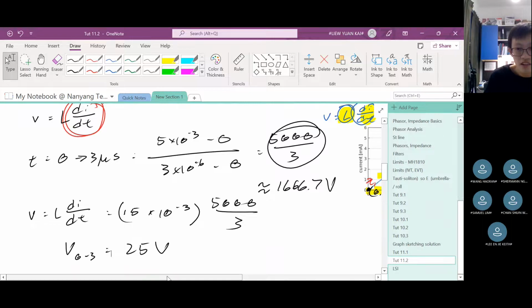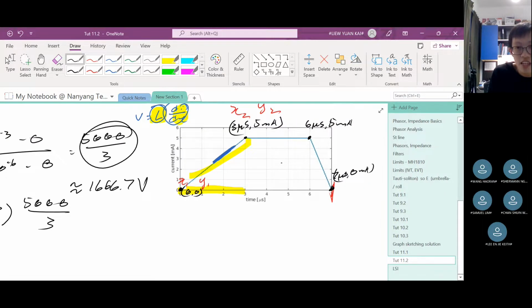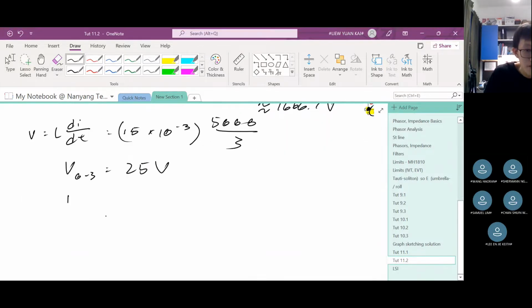Then remember, in the horizontal line here, di/dt is 0. So from 3 to 6 microseconds, V will be 0. Okay, let me just write this down. So L di/dt is equal to L times 0 because it's a flat line, so no gradient. So this will be 0. Then the last segment, 6 to 7 microseconds.